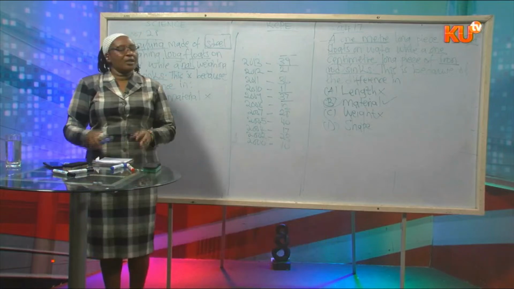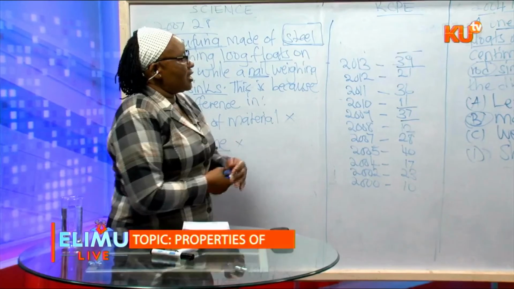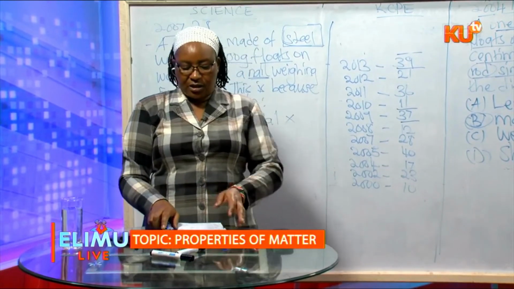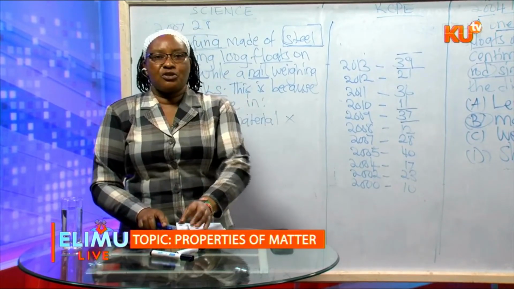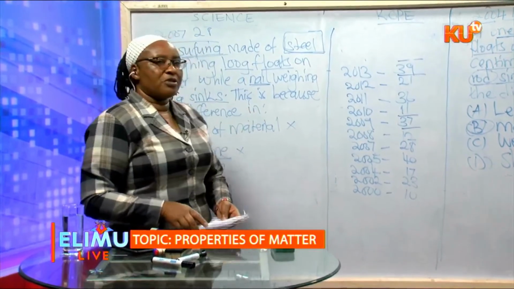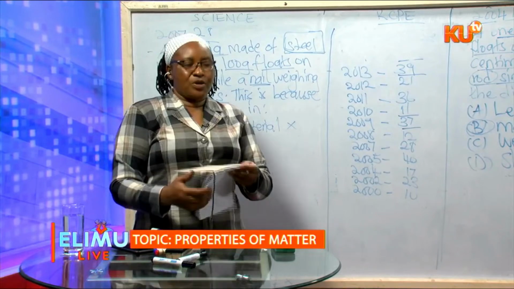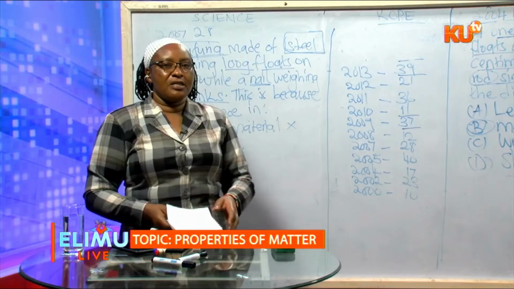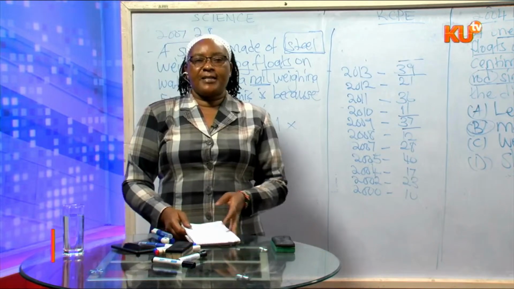So I think we are done with our lesson for today, and it's a very important topic because it's usually tested. You can revise and do simple experiments at home. You can take different materials and put them in liquids. You can even take sugar.